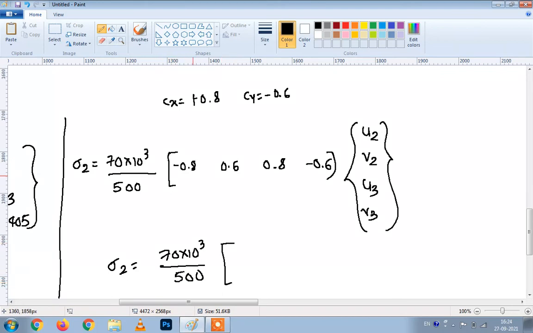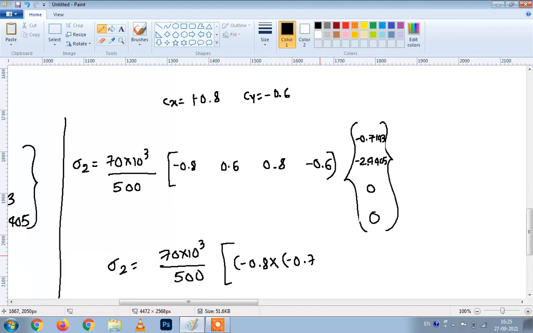Now we have to multiply minus 0.8 into this value of U2. Let me write down these values here so that it will be easy for you to calculate. The value of U2 is minus 0.7143. The value of V2 is minus 2.4405. The values of U3 and V3 are 0.